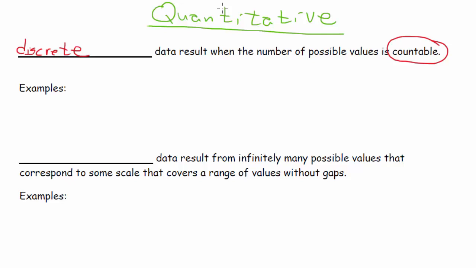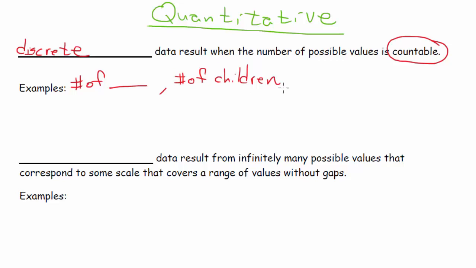All right, so if we have a countable number of outcomes, so we think here the number of blank, really, the number of children. All right, I can count how many children someone has. 1, 2, 3, 4, 0.